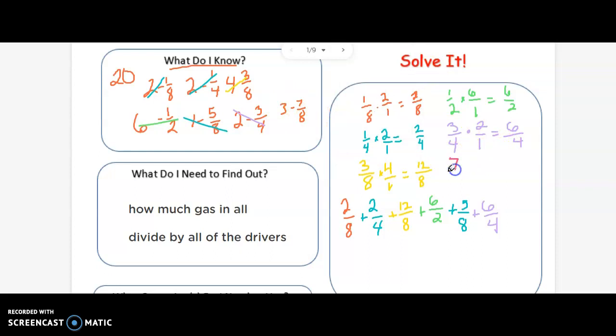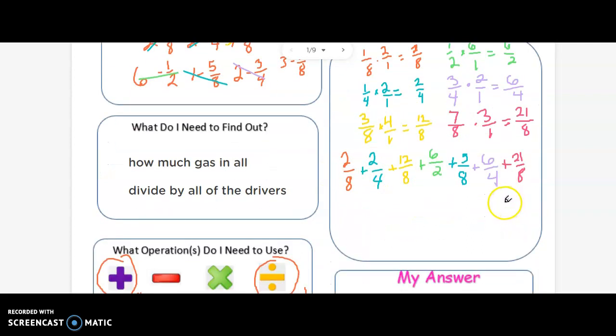So 7/8 times 3, because there are 3 of them, which is 3/1, equals 7 times 3 is 21, and 8 times 1 is 8. So I need to add that down here, plus 21/8. All right, now I want to add all of these together. When we add fractions, we know that we have to have the same denominators.